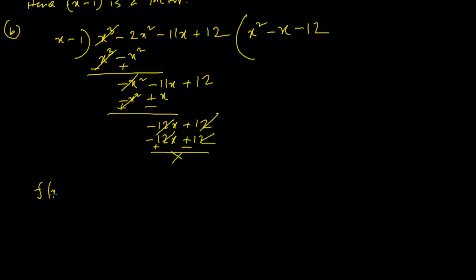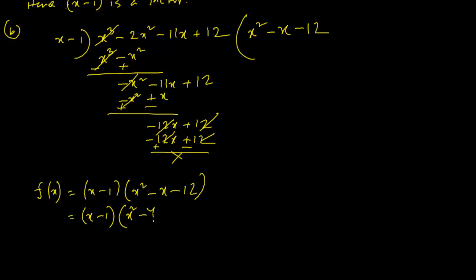So now we can write that f(x) equals (x minus 1)(x squared minus x minus 12). This is the linear part, this is the quadratic part. Now let's break this down further. This is quadratic, we can break it down by middle term break. 12 ones are 12 and 12 can be broken down as 3 fours are 12. So minus 4x plus 3x minus 12.